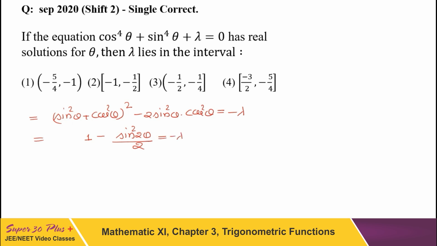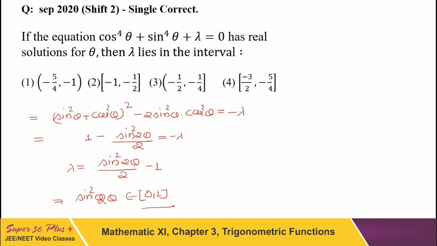Now we can find lambda is equal to sin square 2 theta upon 2 minus 1. As we know, sin square 2 theta belongs to 0 to 1 because sin theta lies between minus 1 to 1.